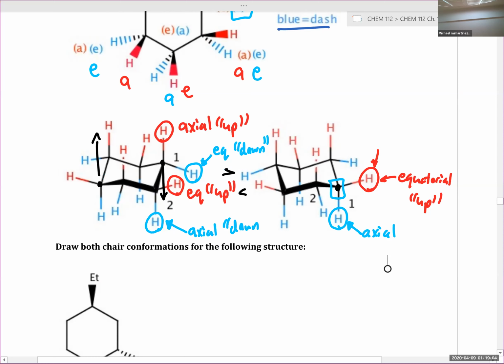This dashed hydrogen, is it pointing up or down? Down, exactly right. Okay. Any questions on this map that summarizes our dash wedge notation?